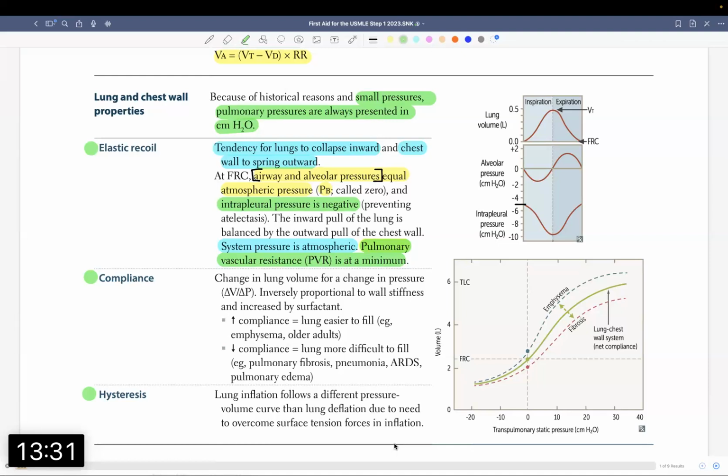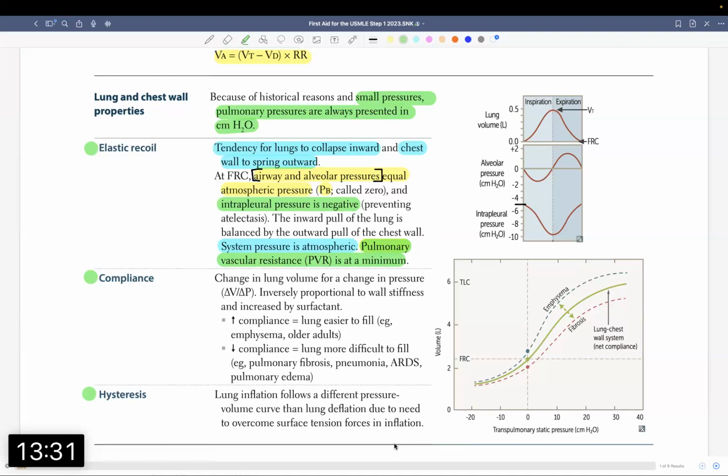Basically, intrapleural pressure has to be negative. On inspiration, it's -10, so that more negative pressure will pull the air inside, right?